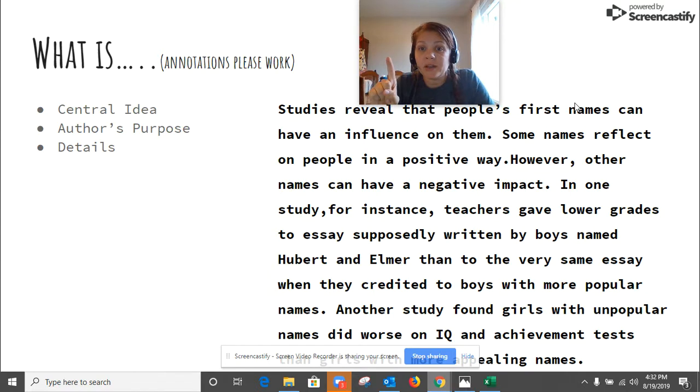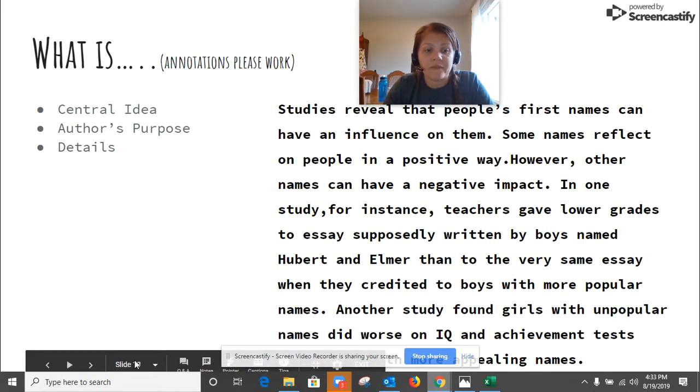Briefly and quickly, the topic is names, but the thesis is something specific about the names, and that is where you're going to go into the central idea, thesis statement, all that kind of stuff, the bigger details. So a topic is not a thesis statement. I just want to go ahead and stress that from the very beginning.